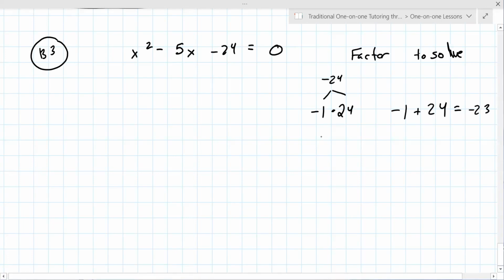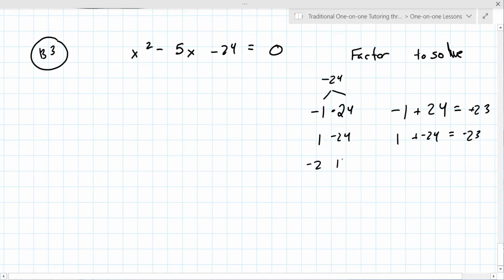Okay. 1 and -24. What is 1 plus -24? -23. Okay, it's -23, and actually the first one is +23.